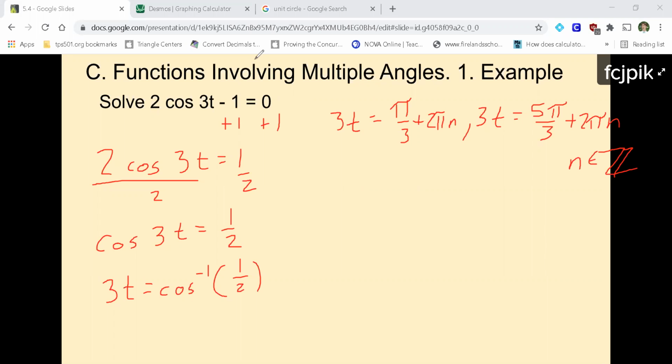And so again, you have to write the general solution first. Even if you're only finding the answers between 0 and 2 pi, you have to write the general solution first, because you're going to use that to ultimately find your answers between 0 and 2 pi. And now that you have the solution written, now we divide by 3.